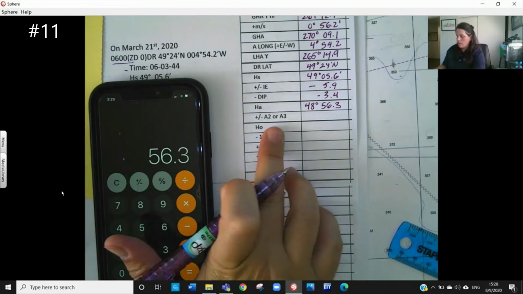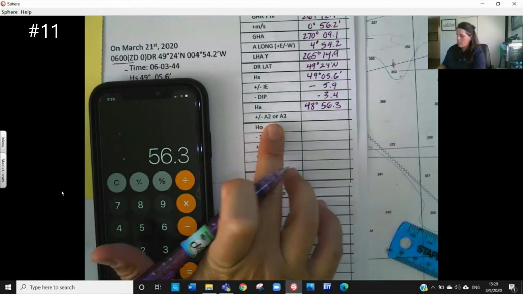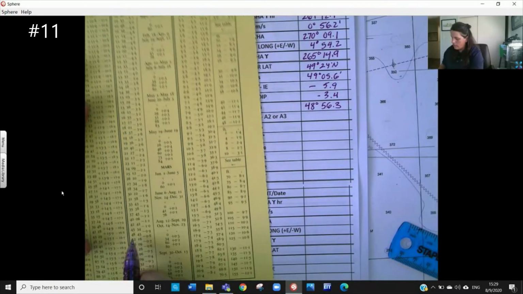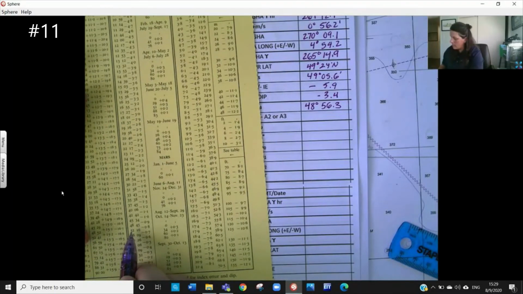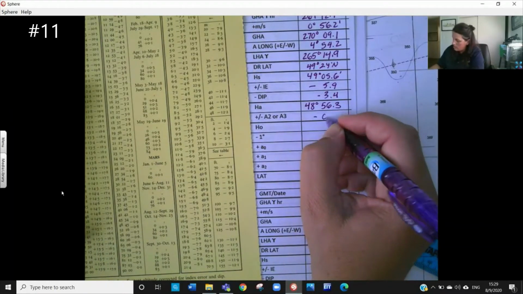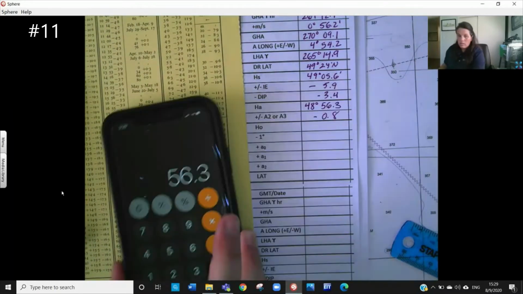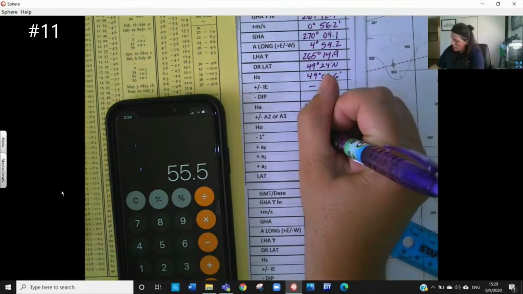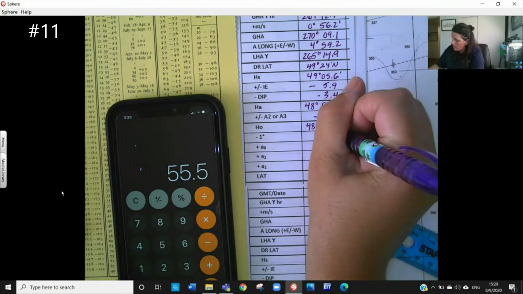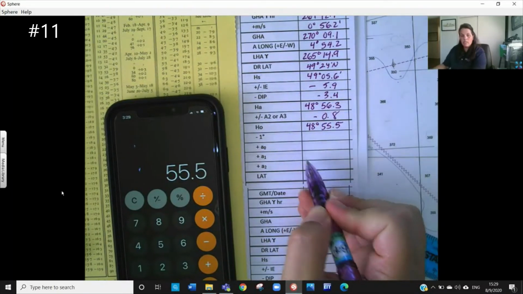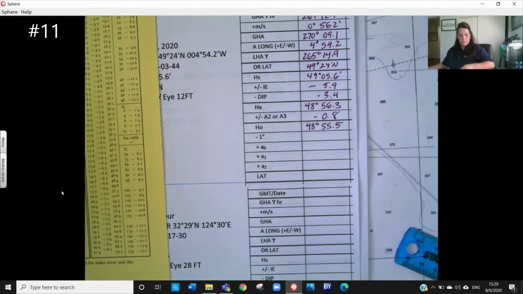Our correction for refraction, or A2 correction, goes in at 48 degrees, 56.3, so that's going to be minus 0.8. That gives us our HO of 48 degrees, 55.5. And now we need to apply our corrections from the table in the back.